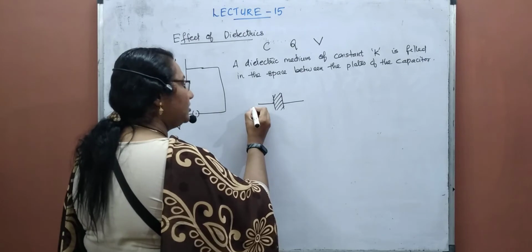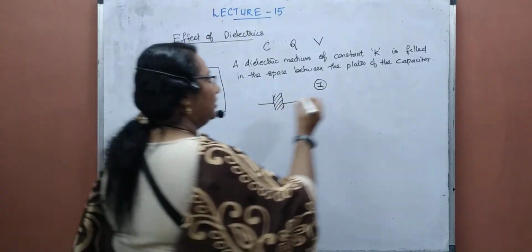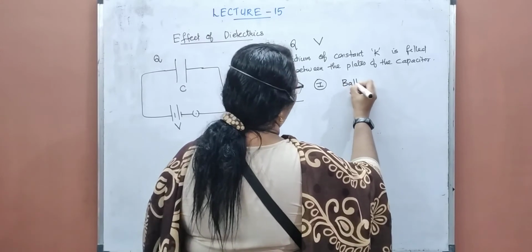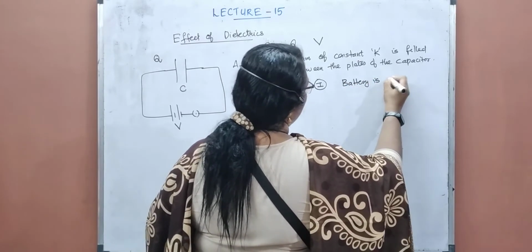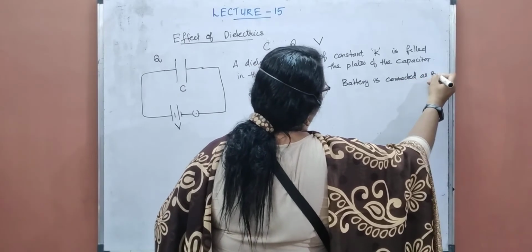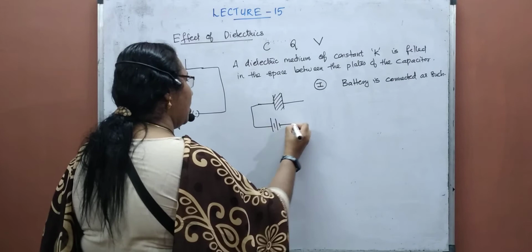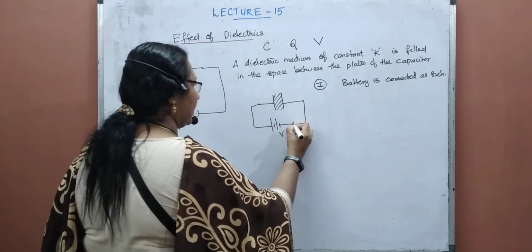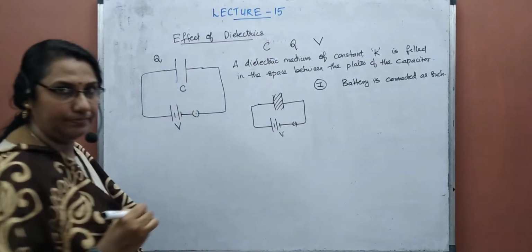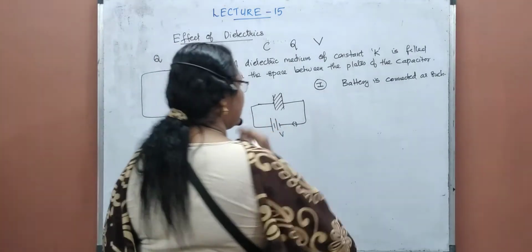Okay, and in the first case, suppose the battery is connected as such. That is, the battery of potential difference V is connected as such. What happens to the capacitance?